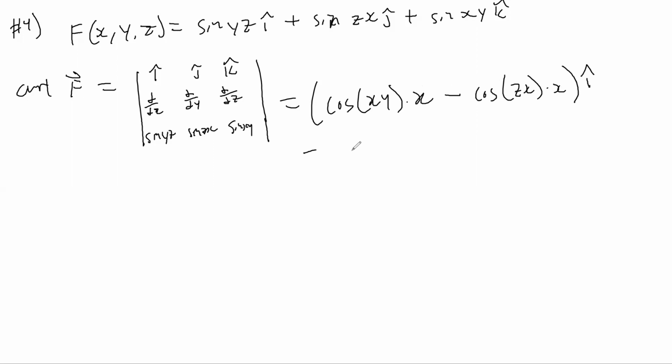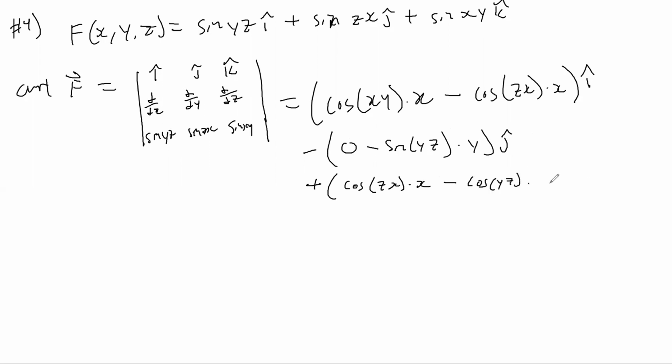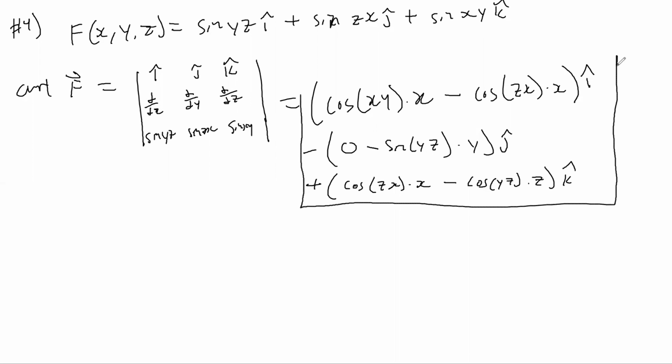Minus, subtracted with 0 because there's no z term here, minus sine of yz times y, j hat. And finally added on, cosine of zx times x minus cosine of yz times z, k hat. So this is the curl of the vector field.